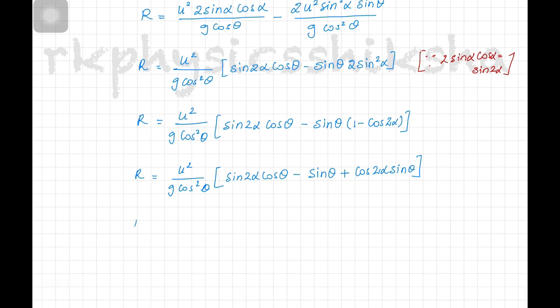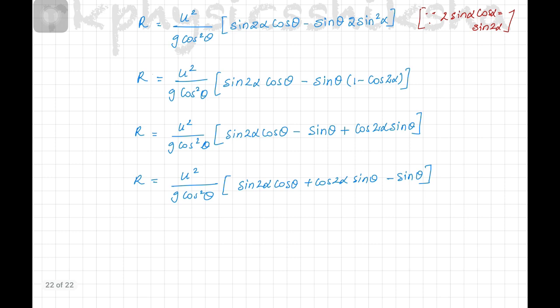So in this case I can rewrite the equation as u square by g cos square theta into sine 2 alpha cos theta plus cos 2 alpha sine theta minus sine theta. I just rewrote this equation, and if you observe here, this whole portion of the equation is in the form of sine A cos B plus cos A sin B.